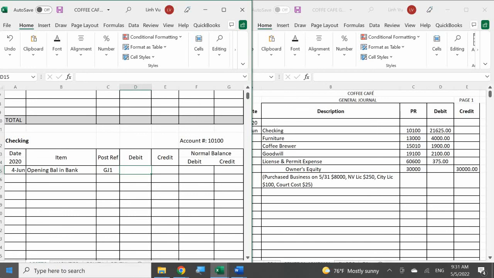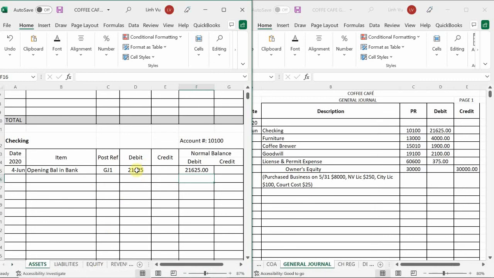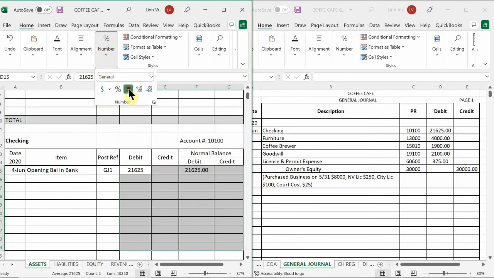We increase our checking account by $21,625. Since this is my beginning balance, I started out with 0 in my checking account. Now that I added money there, I have a debit balance of $21,625.